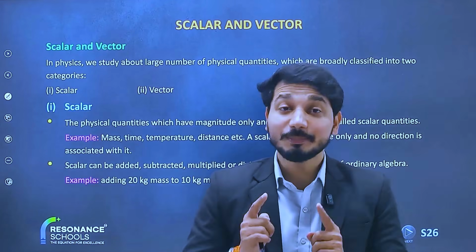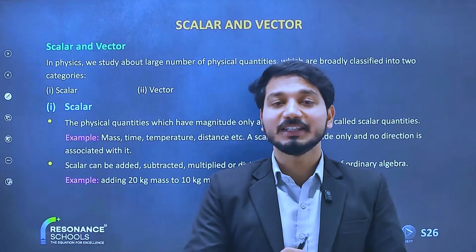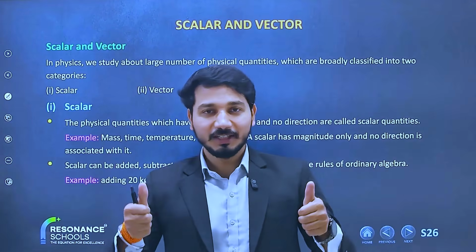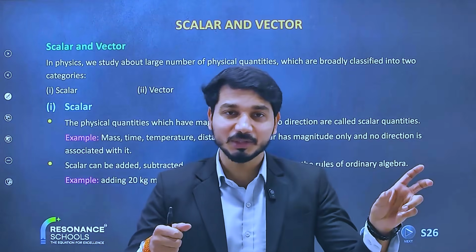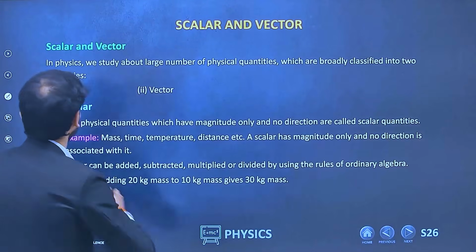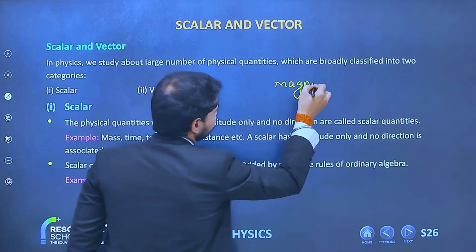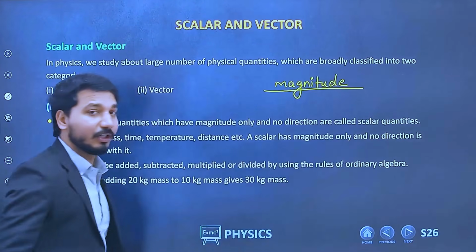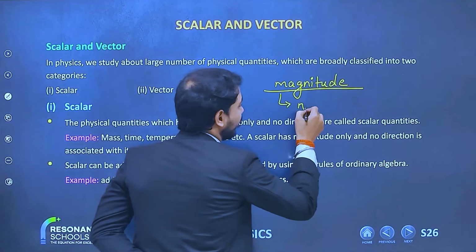On the basis of magnitude and direction, these physical quantities are also classified into scalar and vector. Clear? When I am saying magnitude, some of you have doubts on what is the meaning of magnitude. Remember, magnitude means we are talking about numerical value.